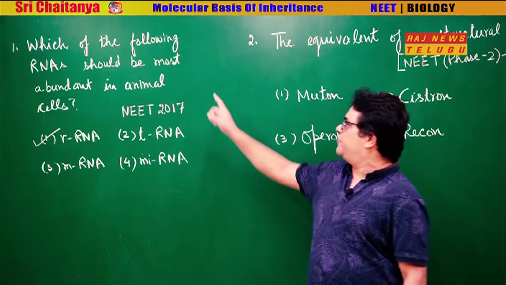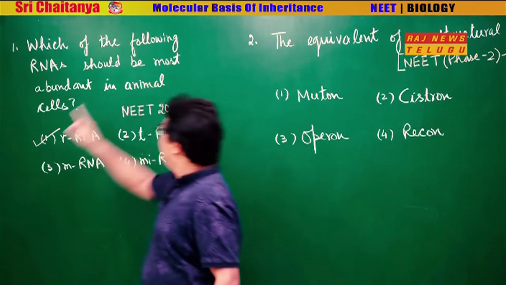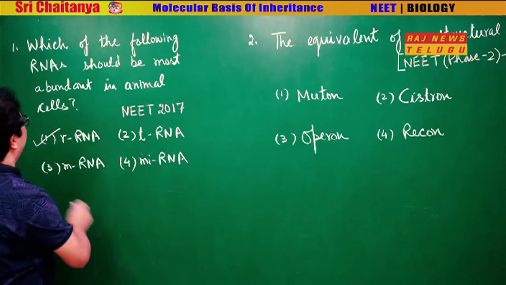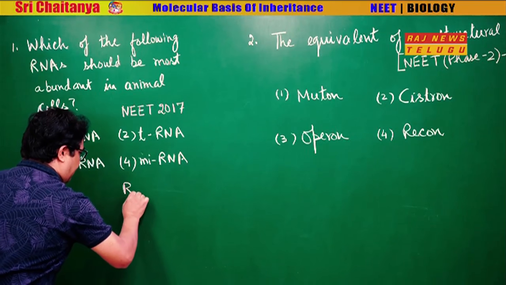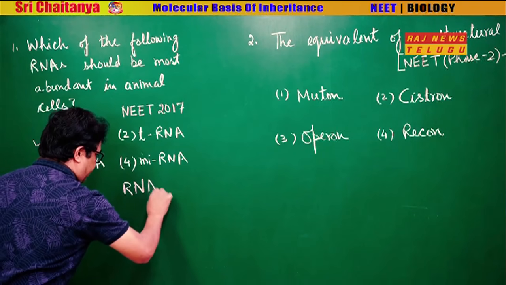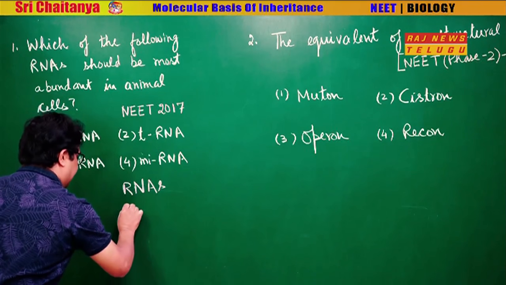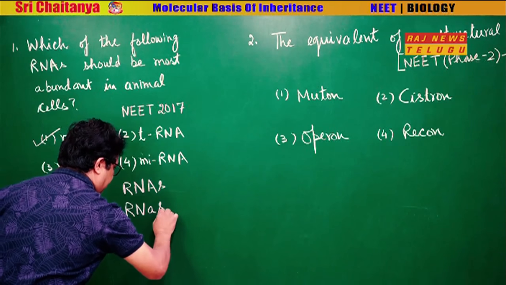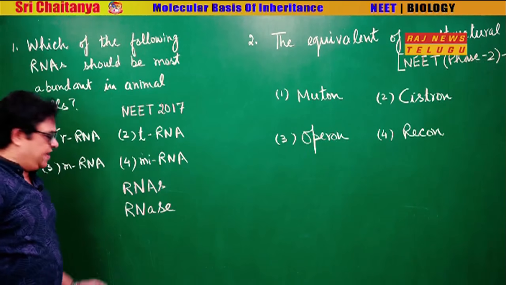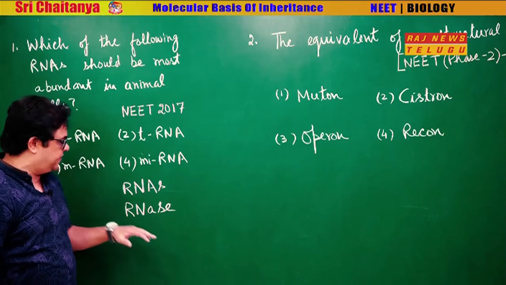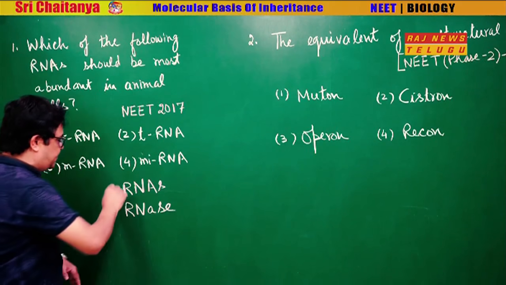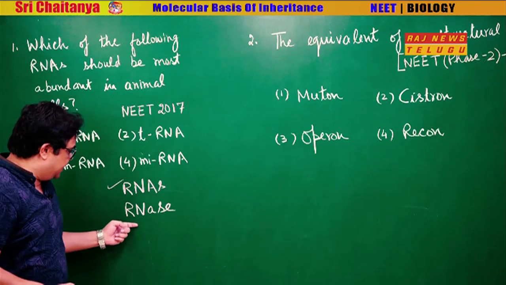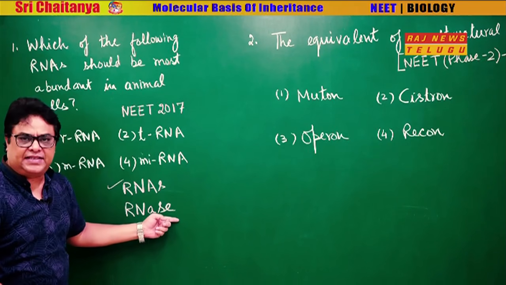Just one more thing I want to tell you here: there are two things, RNAs and RNAase. When we speak, both look similar, but there is a difference. RNAs means the plural of RNA, many RNA, and in RNAase, ASE is the suffix.